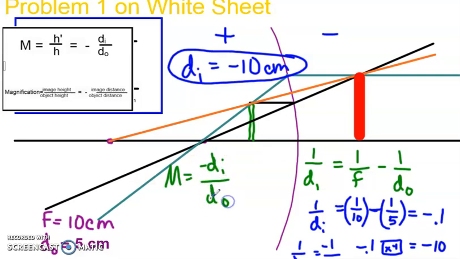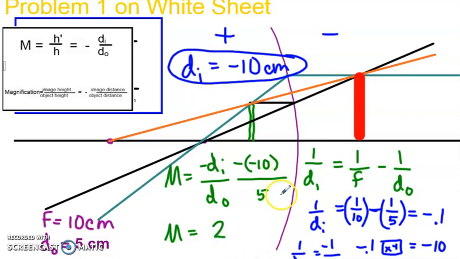And we just calculated both of these, so the distance of our image is negative 10 centimeters. The centimeters are going to cancel out because the distance of the object is also in centimeters, and that is over 5 centimeters. So that's pretty cool. Our magnification is 2.